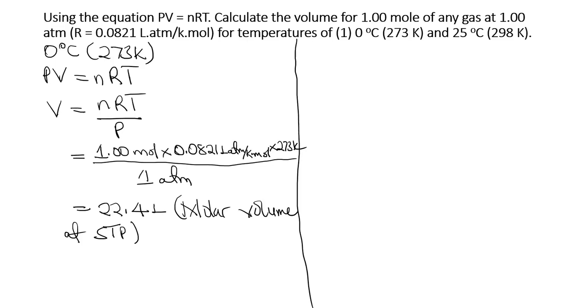So I want you to do the same for 25 degrees Celsius, which is 298 Kelvin. When you get your answer, it will be known as room temperature and pressure, RTP.